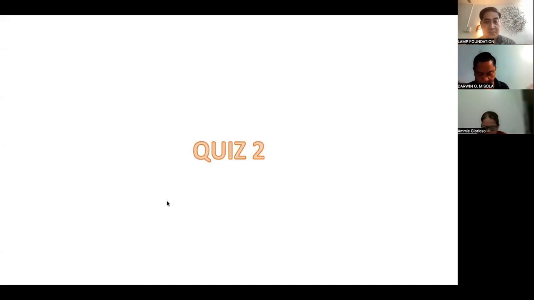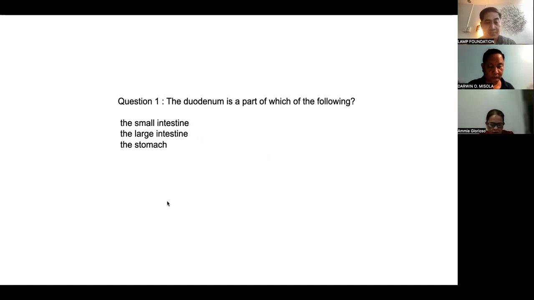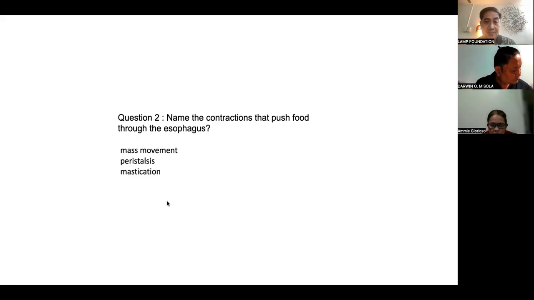Smooth muscles. The duodenum is part of which of the following? SI. Okay, what are the three parts of the SI? Jejunum and ileum.